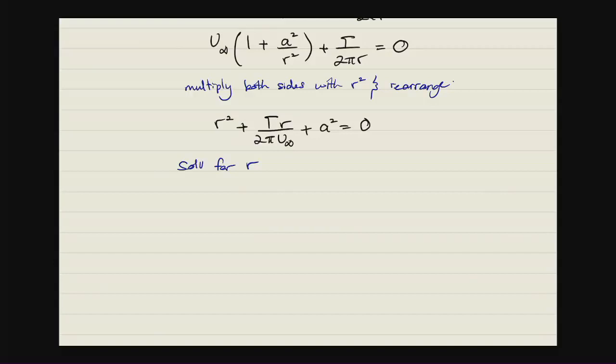I hope you all know how to solve a quadratic equation. If you don't know, I'll just put a side note again. So r is just going to be equal to negative b plus minus the square root of b squared minus 4ac, over 2a.